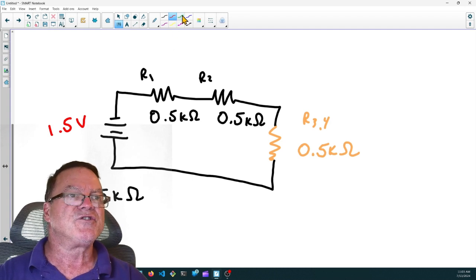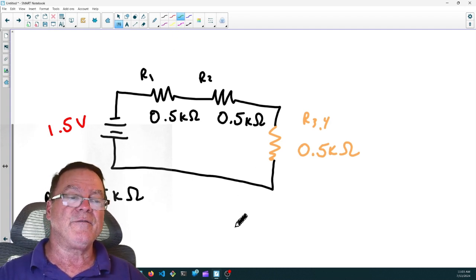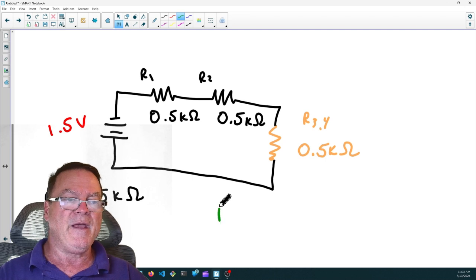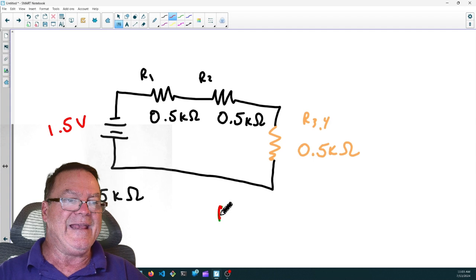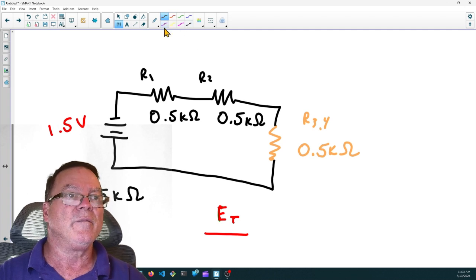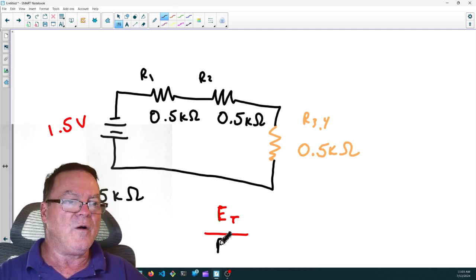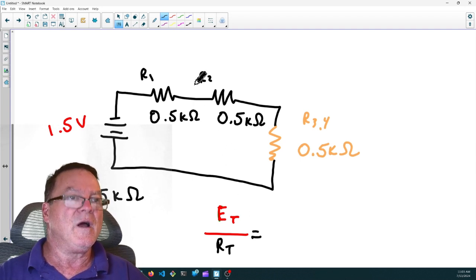So if I wanted to know the total current now, we have to be careful here. E total divided by R total equals our current total, I total.